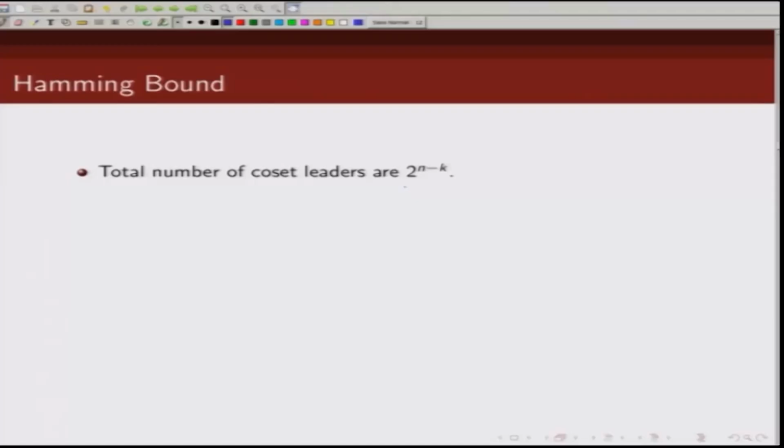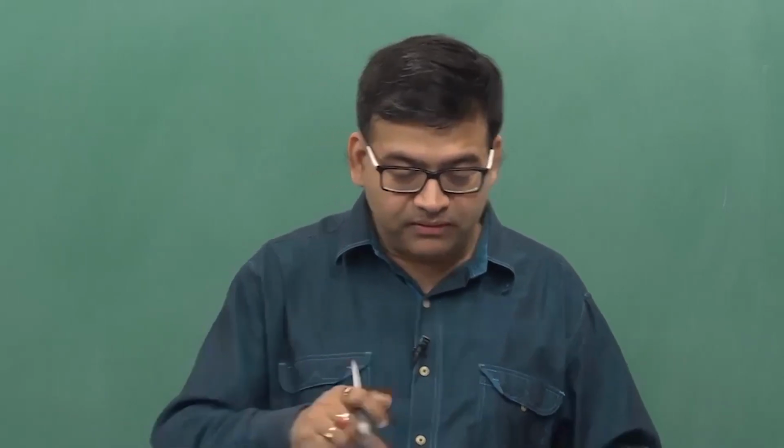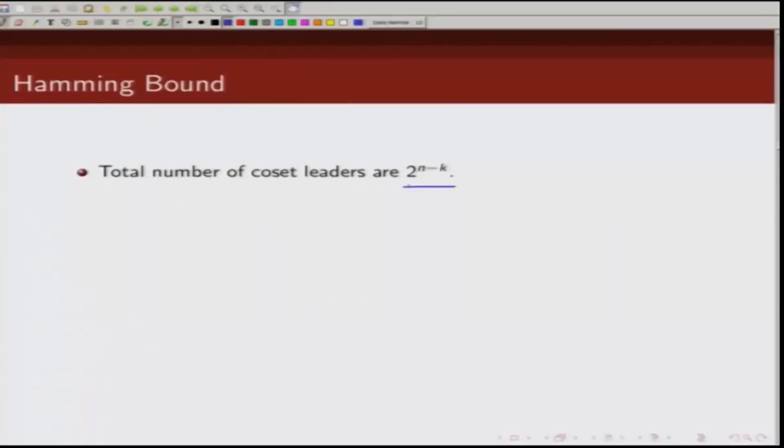Now, that number we know is given by 2 raised to the power n minus k. So, these are the total number of coset leaders we have. Now, we want all of these error patterns to be coset leaders, then this number should be less than 2 raised to the power n minus k.